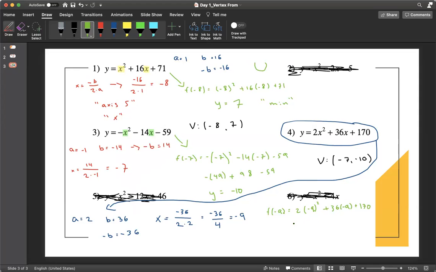And if we simplify this out, we have 2 times 9 squared, negative 9 squared is 81.